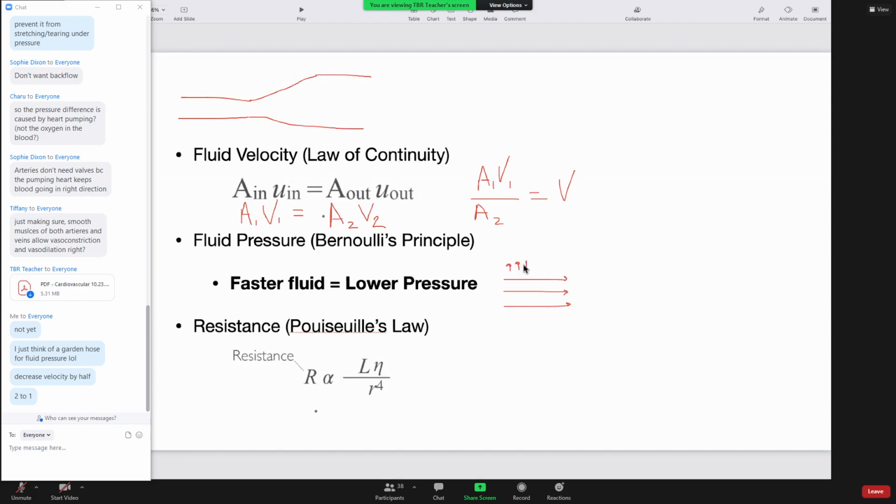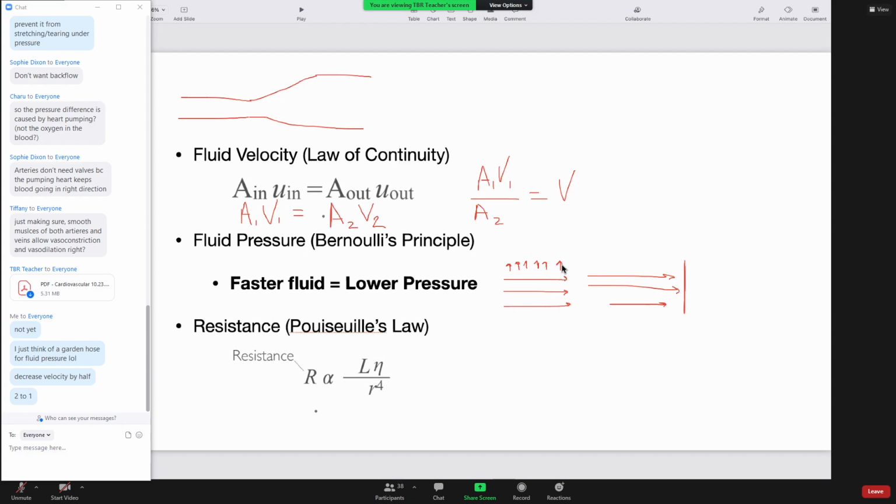So if we have blood in a vessel moving faster in this direction, it'll exert a lower pressure on its vessels. But that is assuming everything is completely straight. If we had something right here, the faster it goes, the harder pressure it puts on this type of surface, but the lower the pressure it puts on the perpendicular surface.